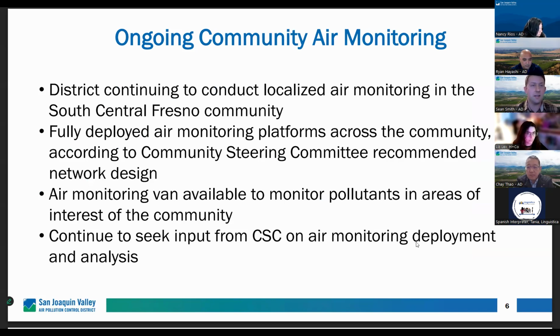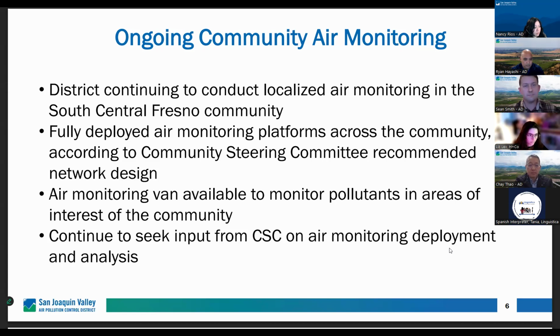Specifically, it's been at Edison and west of the Edison air monitoring stationary site. And then finally, we continue to seek CSC recommendations and analysis for our air quality monitoring and data presentation.